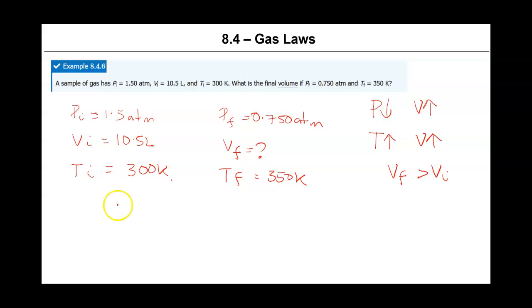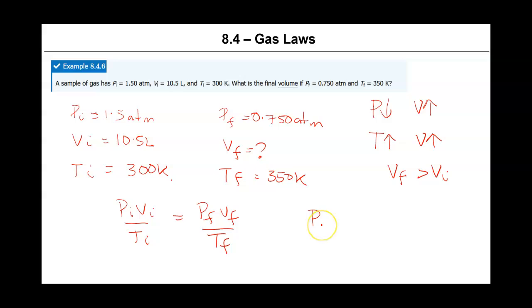So let's write out the combined gas law. PI VI on TI is equal to PF VF on TF.